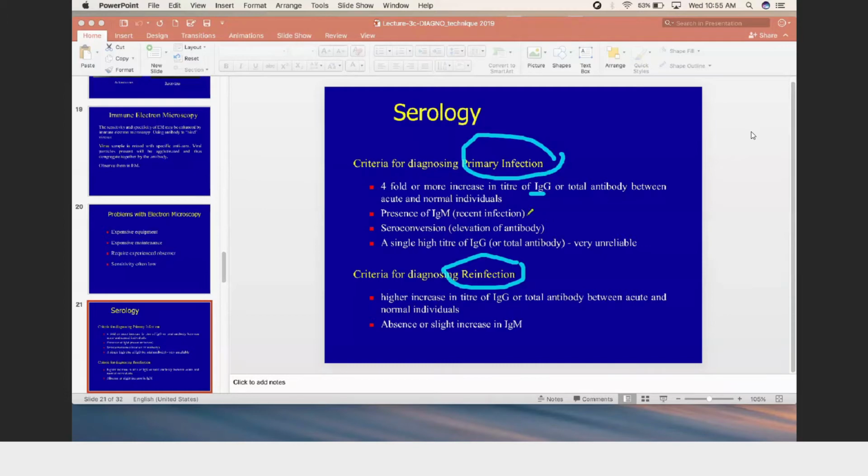And if you see large amounts of IgM, it means the animal is recently infected, maybe infected for the first time. Then you can see the seroconversion. Seroconversion means the serum converts: the animal produces antibody against that particular virus.